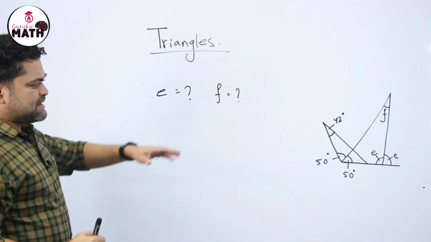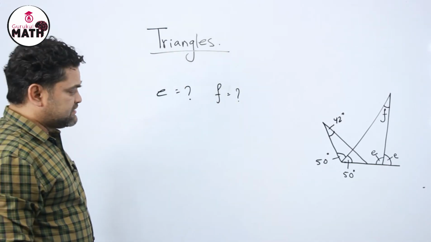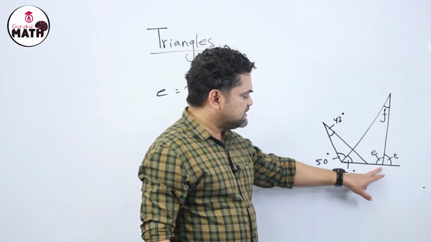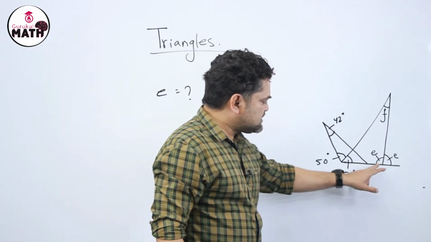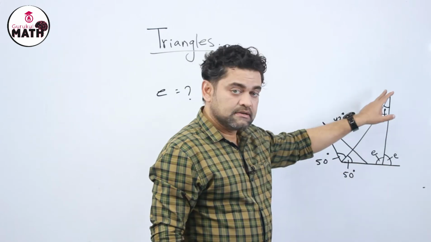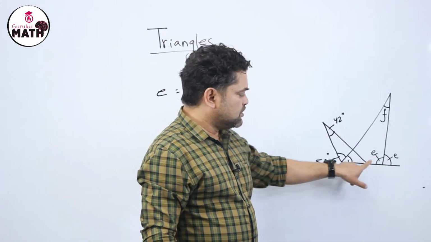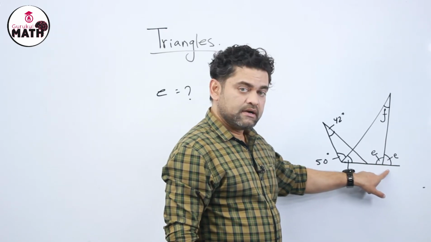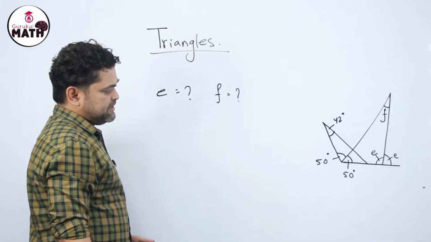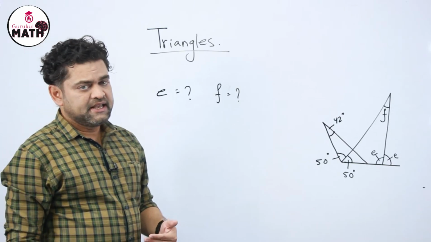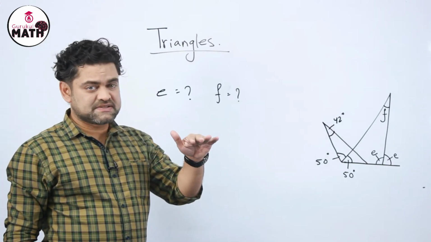We know that the sum of the angles of a triangle is 180 degree. If I consider this triangle, I will take this bigger triangle. There is F, there is E, and there is 50 degree, and there is also 2E over here. To solve this kind of problem, you have to know another thing: the sum of the adjacent angles on a straight line.